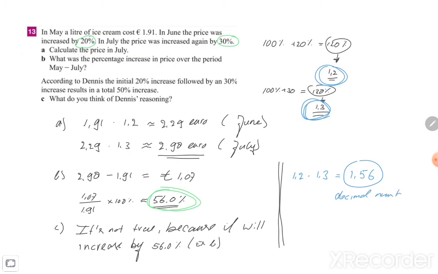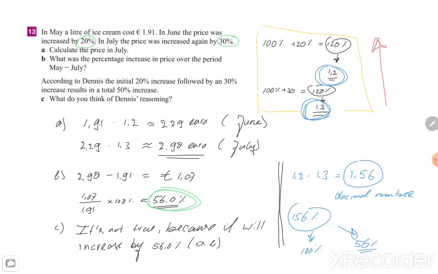So if we do the opposite, 1.56 multiplied by 100, you get 156%, which is the 100% we started with in May, and of course the 56% we have extra. So that is the price increase of July.